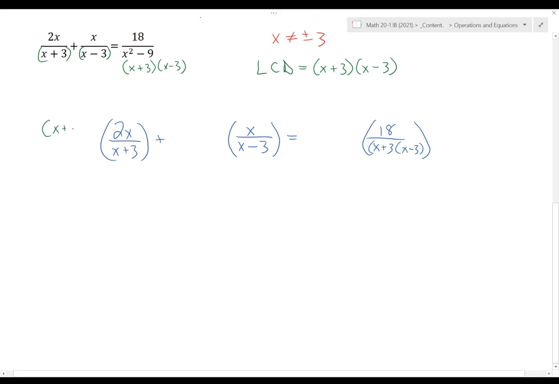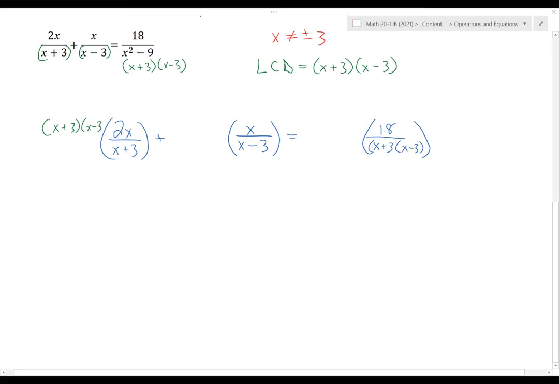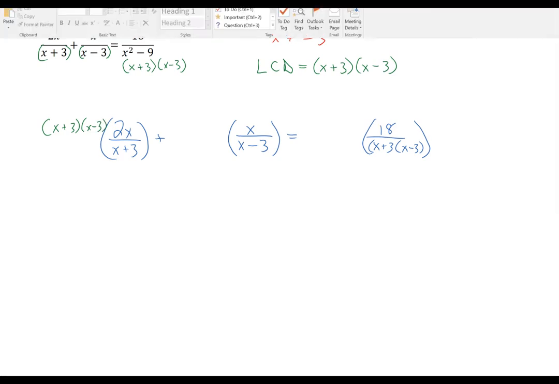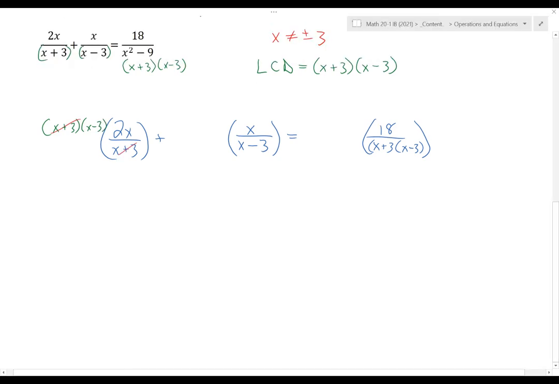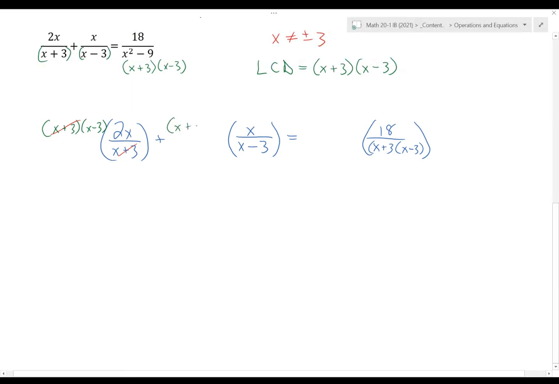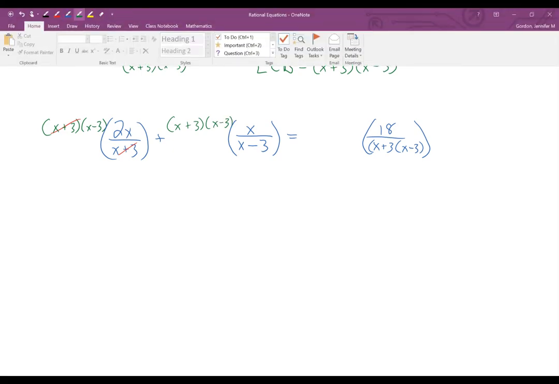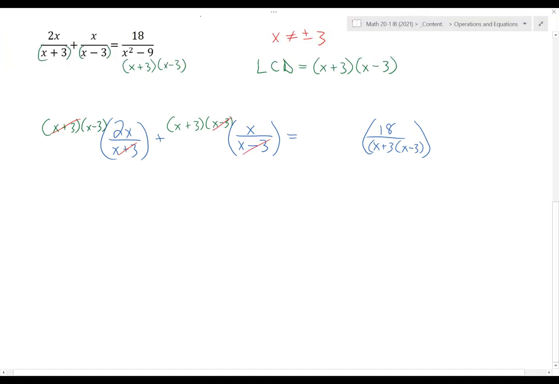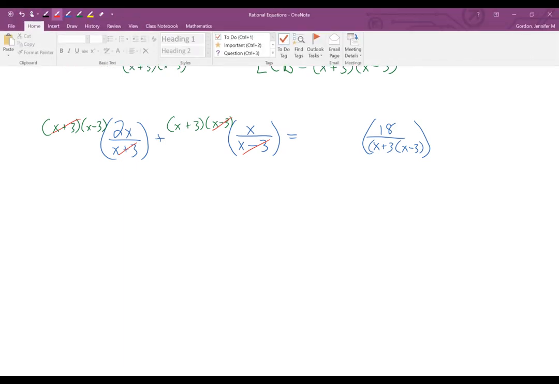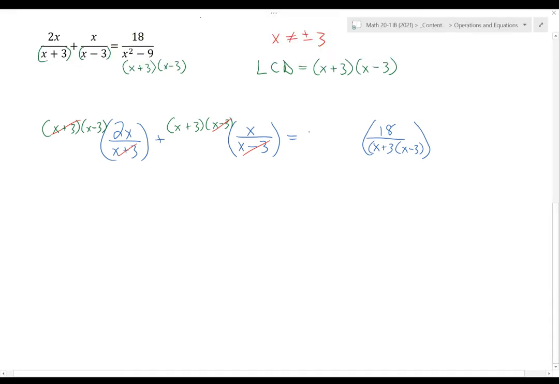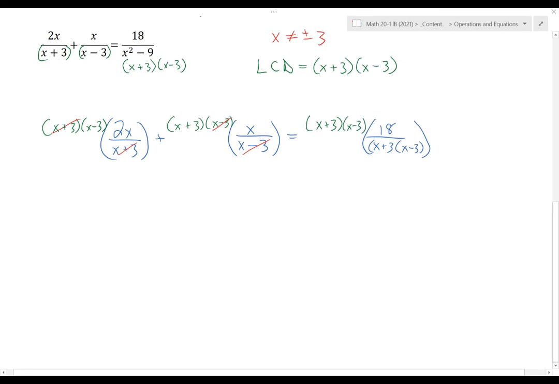So x plus 3 times x minus 3 times 2x over x plus 3, the x plus 3's are going to cancel. If I multiply x plus 3 times x minus 3 times x over x minus 3, it's the x minus 3's that are going to cancel. And on the right-hand side of the equation, the whole lowest common denominator is going to cancel because I have both factors. So x plus 3 times x minus 3 times 18 over x plus 3, x minus 3 is just going to leave me with the 18.